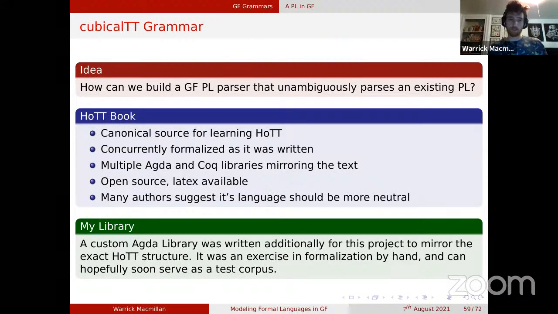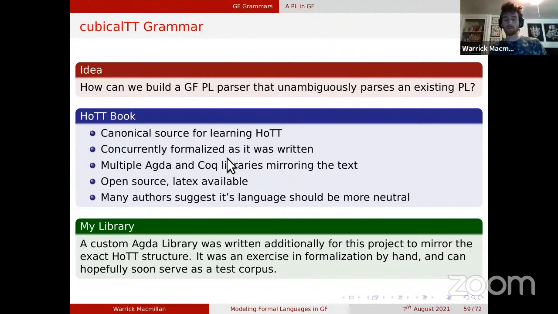So there's just one last grammar, which I'll talk about quickly. How can we build a GF programming language parser that unambiguously parses? I'm kind of recapitulating something. There's this homotopy type theory book, which is a canonical source for learning HoTT, written by many authors.